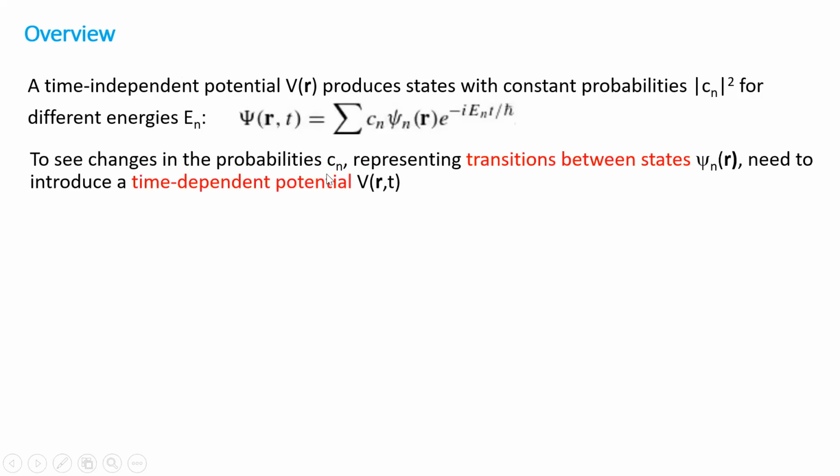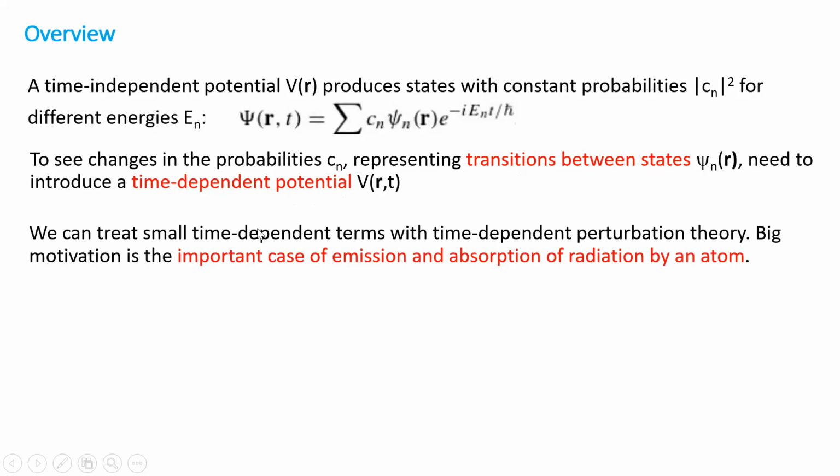So to see changes in these probabilities Cn, which would represent transitions between states, these eigenstates psi n of R, we need to introduce a time-dependent potential V of R and T. And that has a chance to drive transitions between these states. So we can treat small time-dependent terms with time-dependent perturbation theory. And we'll look at that in just a second.